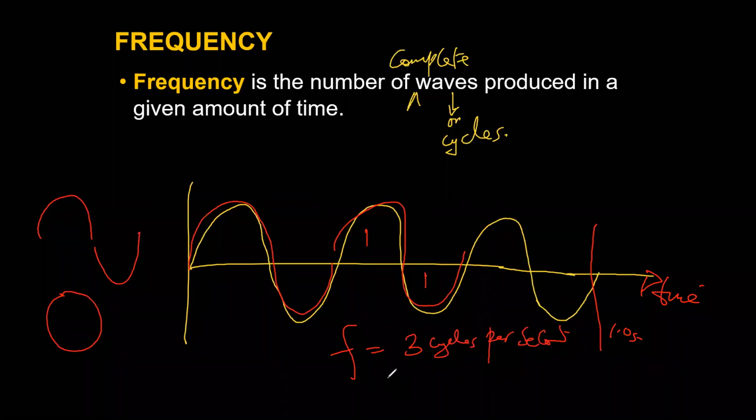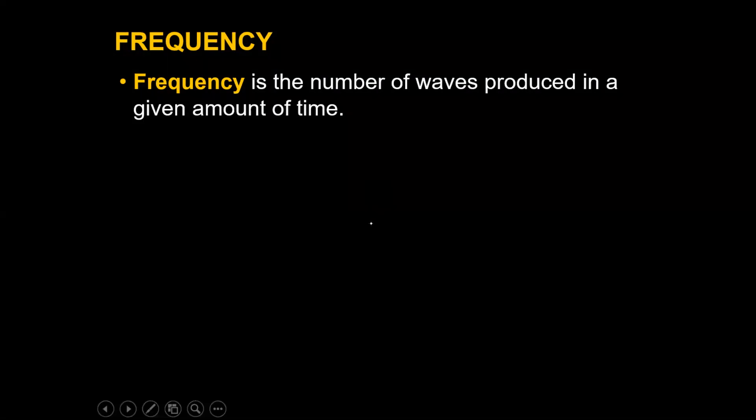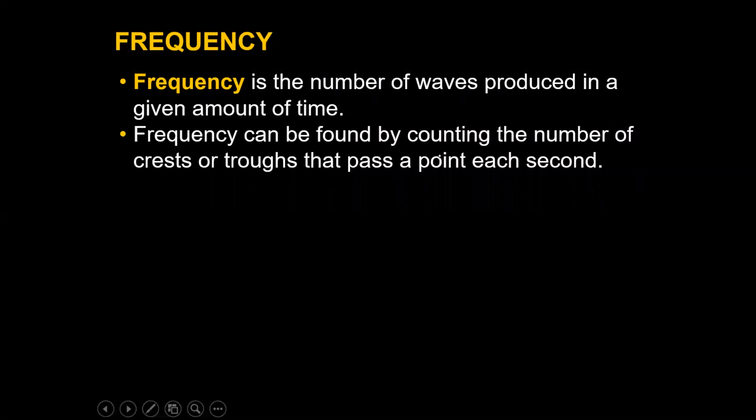Anything that is per time, cycles per time, in other words, the SI unit of frequency is called a hertz. A hertz, like that. 3 hertz, yes. Frequency can be found by counting the number of crests or troughs that pass through a point each second. We've seen that.